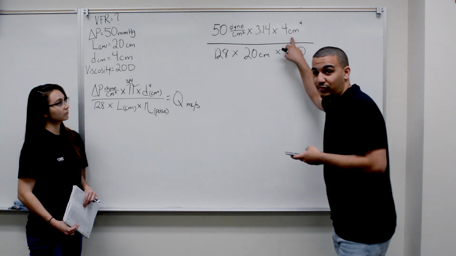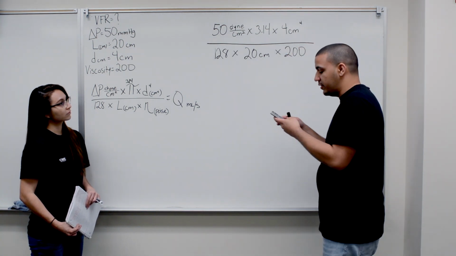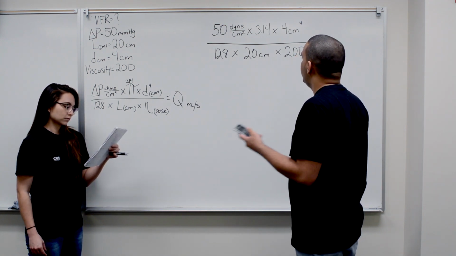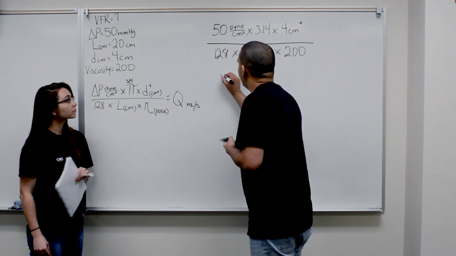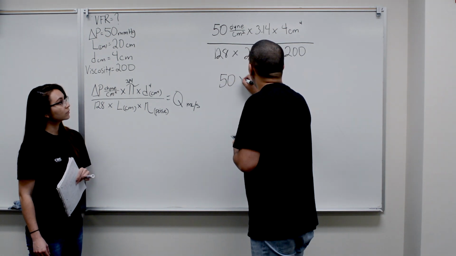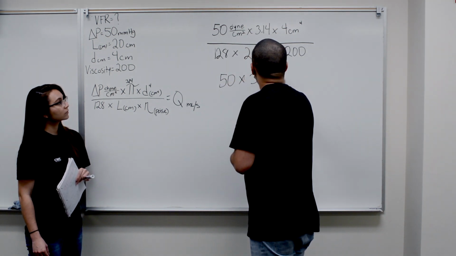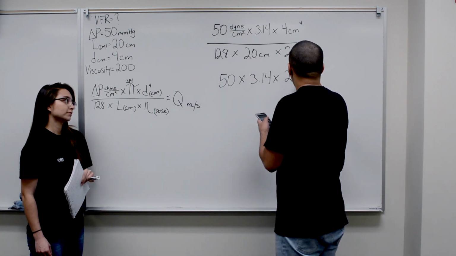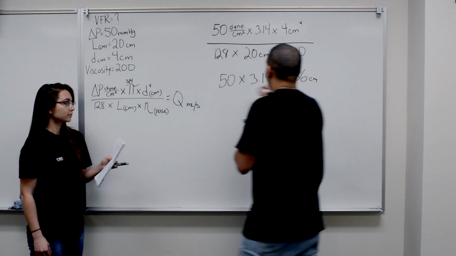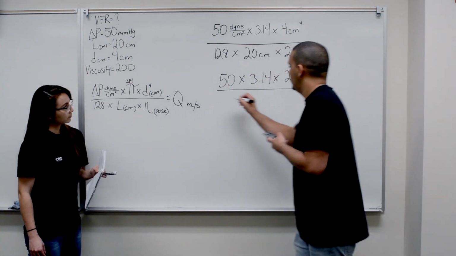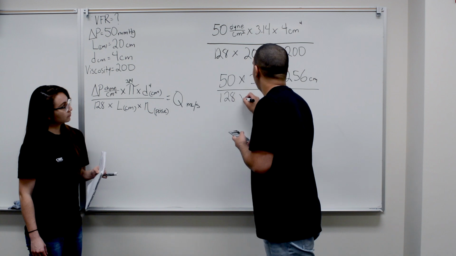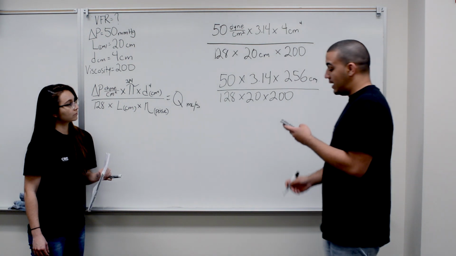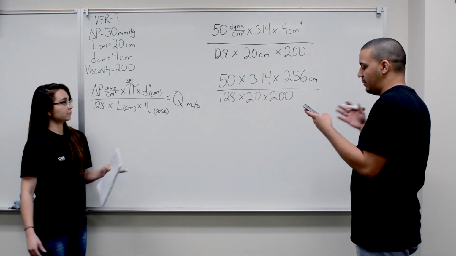Well, first you might want to do this one actually, because you got to get it to the fourth. So 4 times 4 times 4 times 4 equals 256. So now, just to be generous, we'll move everything down one. And remember your units. 256 centimeters over 128 times 20 times 200. And now simply finish the problem.